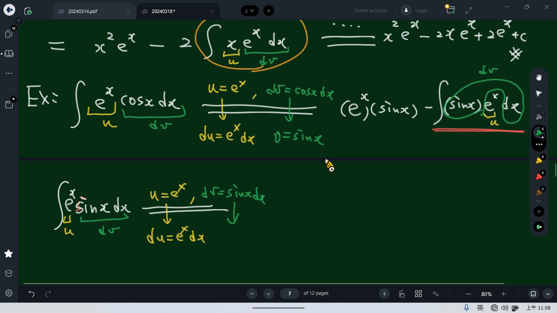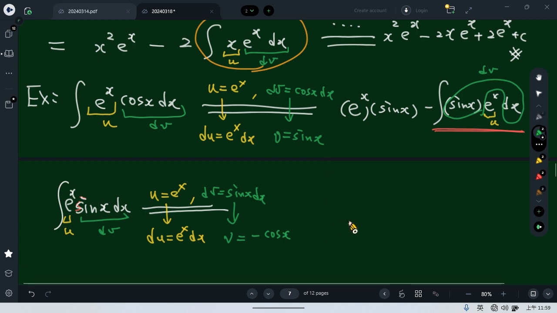For the v, what is v? v will be minus cosine x, right? You can see if v is equal to minus cosine x, when I differentiate it, I can get sine x back, right?